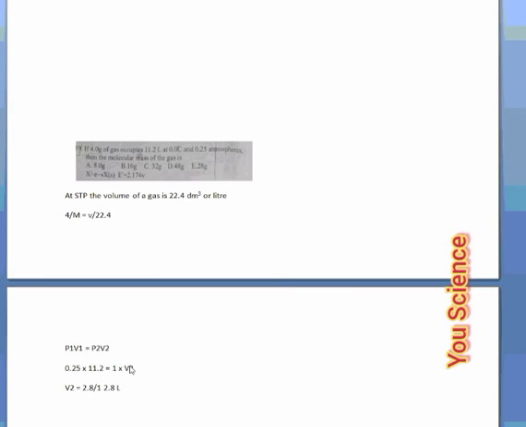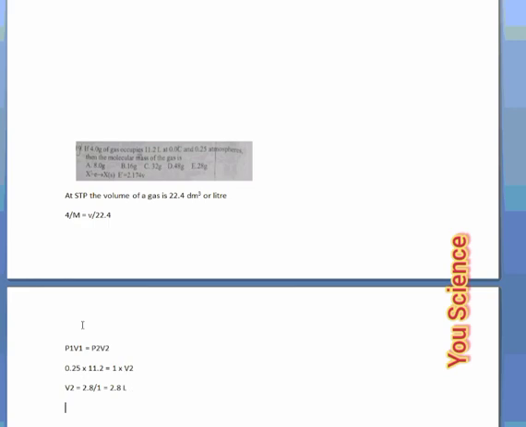V2 is what we have to calculate, so we make V2 the subject of the formula. 0.25 times 11.2 is equal to 2.8. So V2 is 2.8 liters.